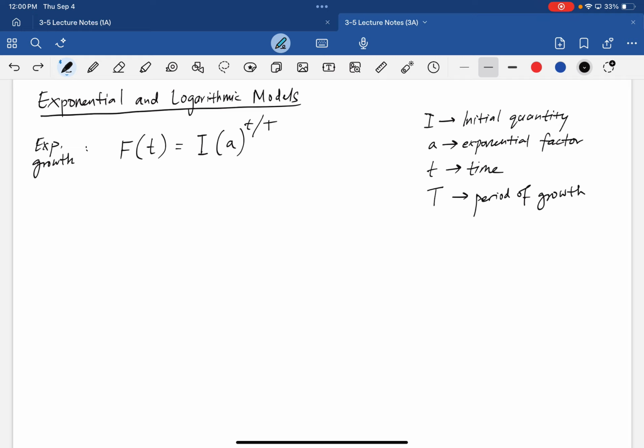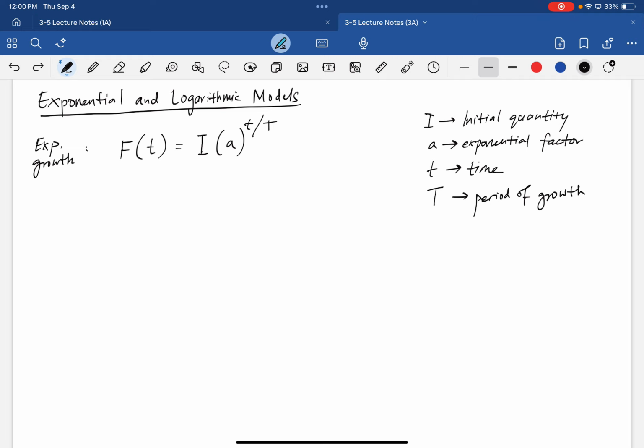What is f of 0? F when time is equal to 0. I, right? Because that's I times a to the 0, which is I, our initial quantity. Okay, so I is our initial quantity. How about what is the value of our function f when time big T elapses?